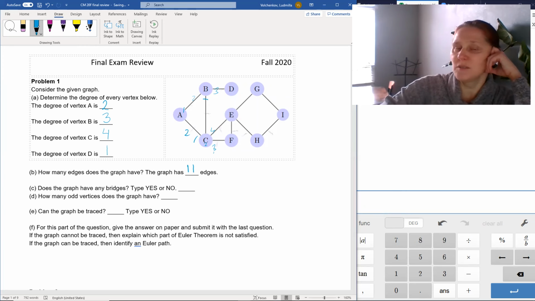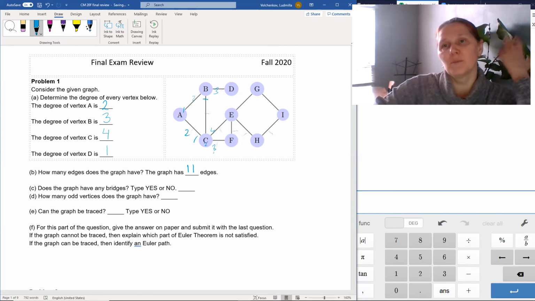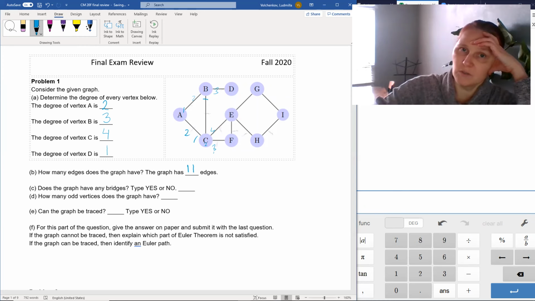Does the graph have any bridges? So remember, a bridge is the line, the edge that, when removed, makes the graph disconnected. So disconnected is something like this. Yes, so if it were an edge here, AB, then removing this edge, we get B disconnected from the rest of the graph.